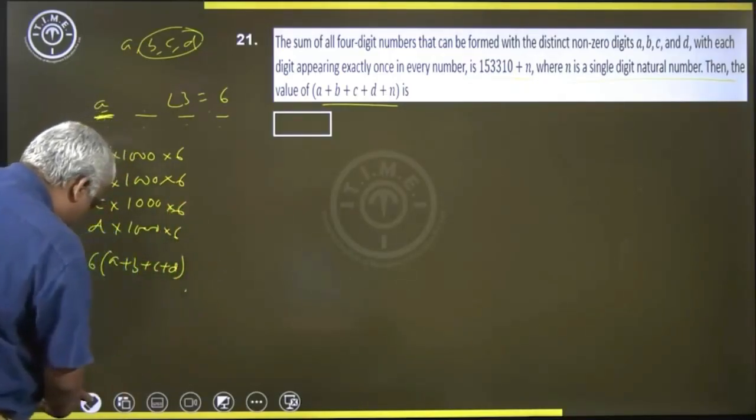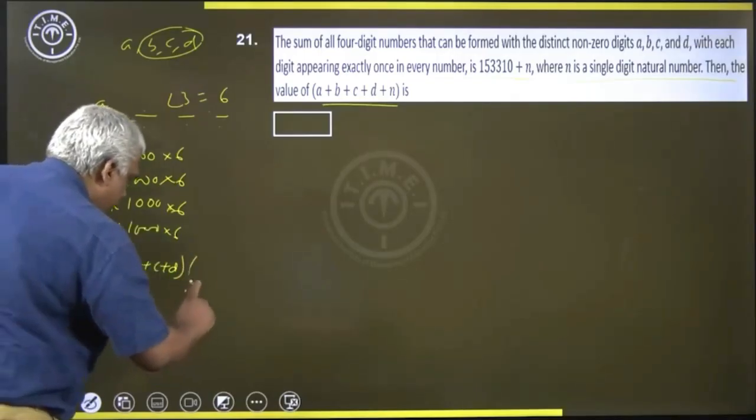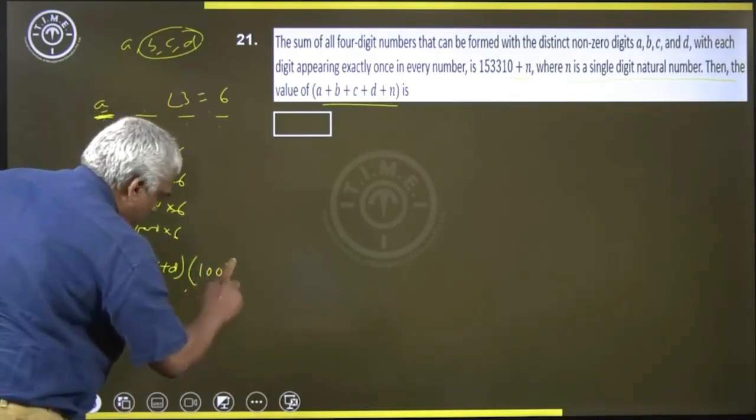We have found the sum for the thousands place over all the numbers.